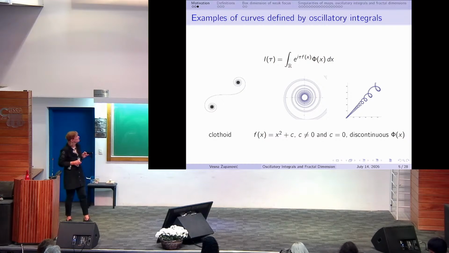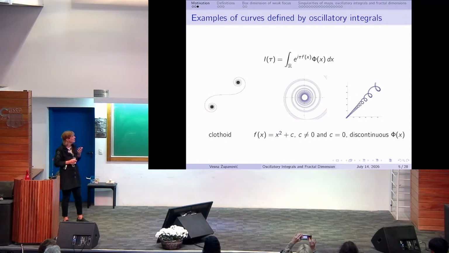And oscillatory integrals. Here is an example in R. This is maybe the most well-known example: the clothoid, or Euler spiral, or Cornu spiral. There are several names. It is a spiral defined by the Fresnel integral. The Fresnel integral is also an oscillatory integral.